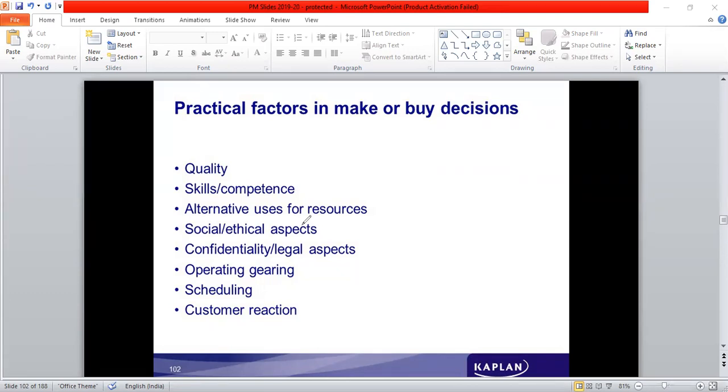Confidentiality and legal aspects are the next aspect. If everything was made in house, the details about their production and other things are confidentially maintained. So everything is in house, nothing needs to be revealed to anyone.